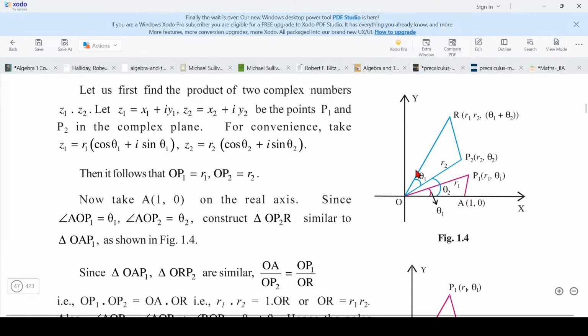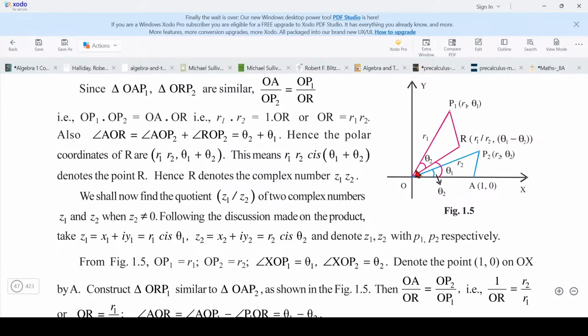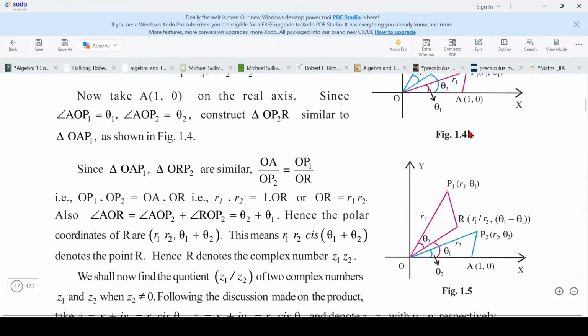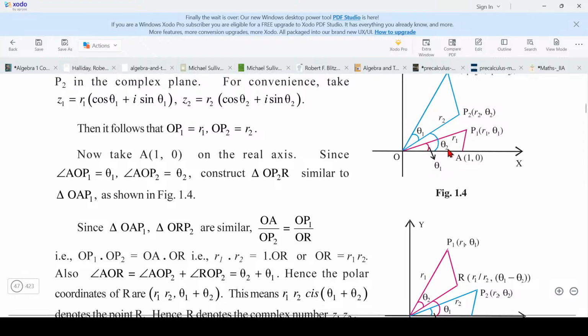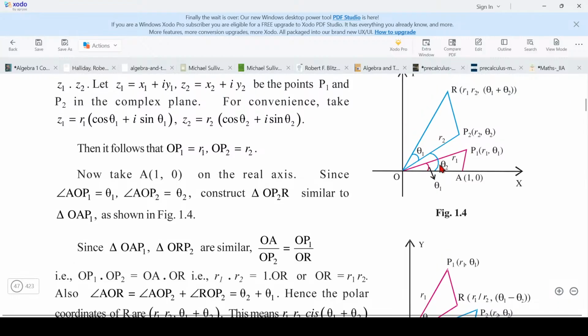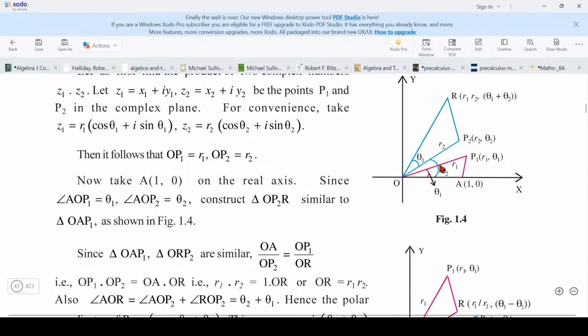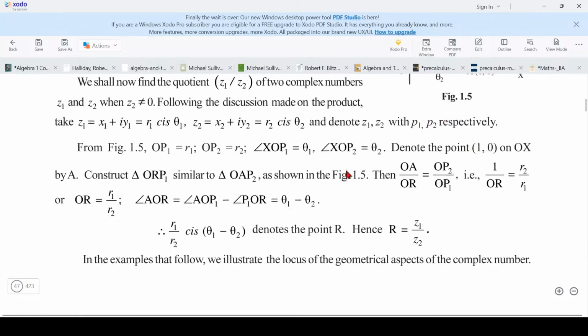Okay, so what he's talking about in geometry is, when you are multiplying two complex numbers, what happens? The angles get added and the magnitudes get multiplied. That's what he's saying, right? R1 R2 is the multiplication of the magnitudes, and theta 1 plus theta 2 is the addition of angles. Okay, this we discussed already, right?